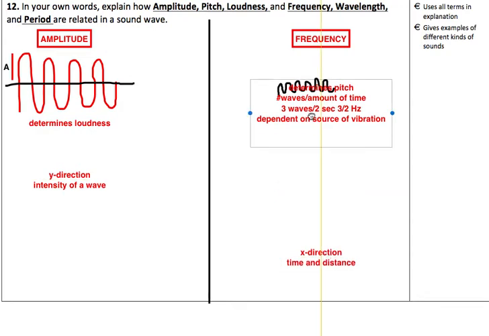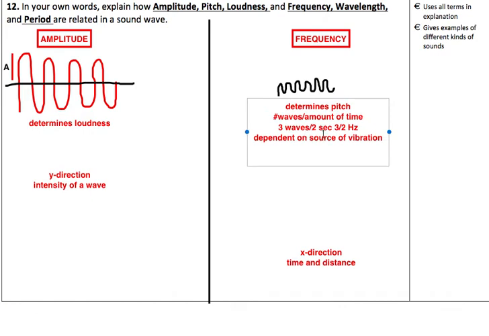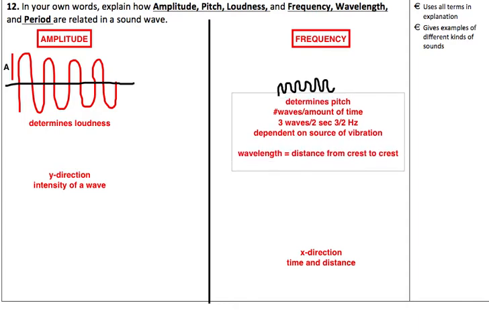Okay, so let's move on to wavelength. Wavelength is a distance. Notice that distance does not include time. So the distance is going to be from crest to crest. In other words, length of a wave.